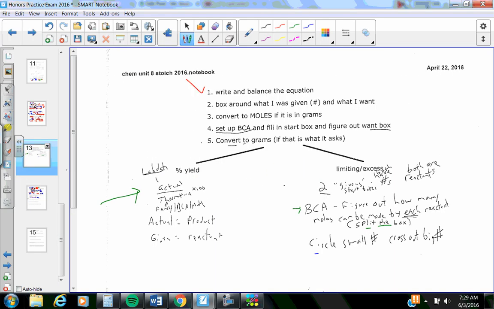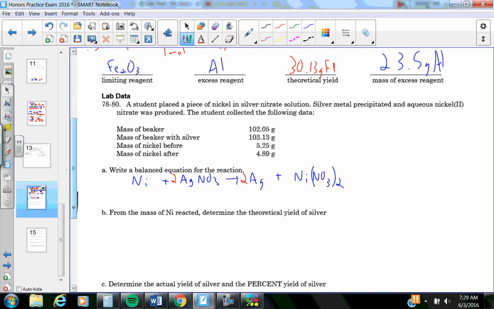Check. Okay. How do I figure out what's going to be important here? Well, when you go to the lab, you have to start with a reactant, and you'll end with a product. So we have to figure out which reactant and which product they are really interested in. When I look at my lab data, I can pick through it and see they measured a bunch of stuff like beakers, but silver is one thing that's important.